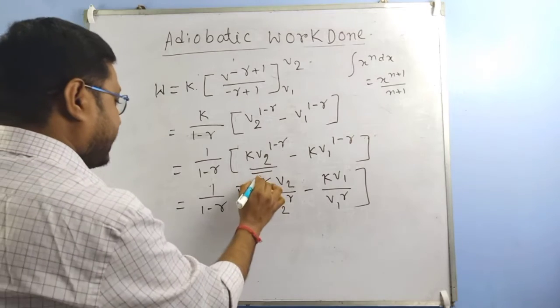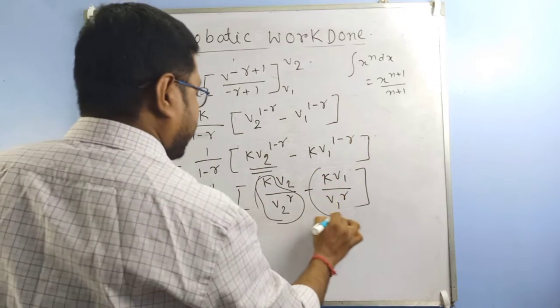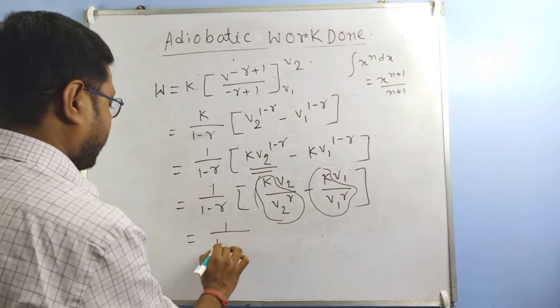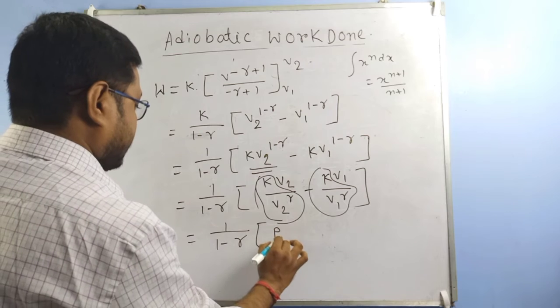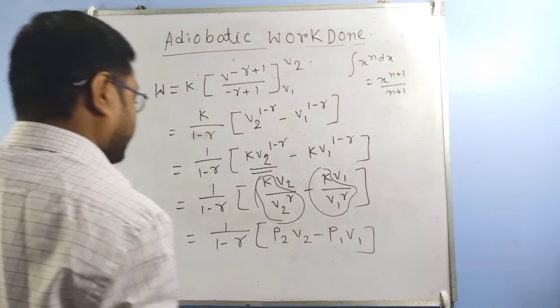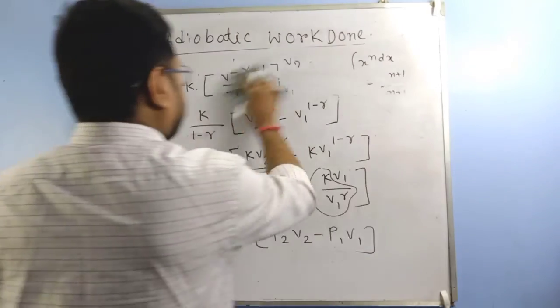K by V2 to the power gamma means P2 and K by V1 to the power gamma means P1. So you can get 1 by 1 minus gamma, P2 V2 minus P1 V1.